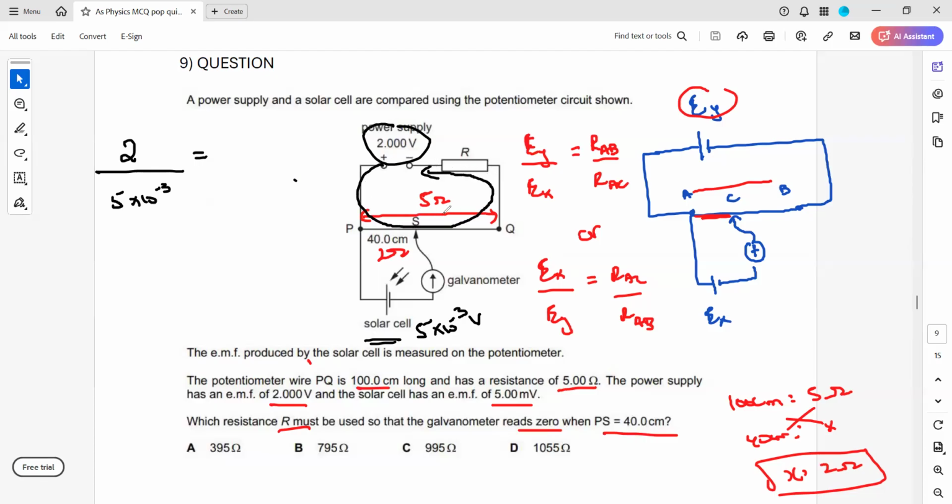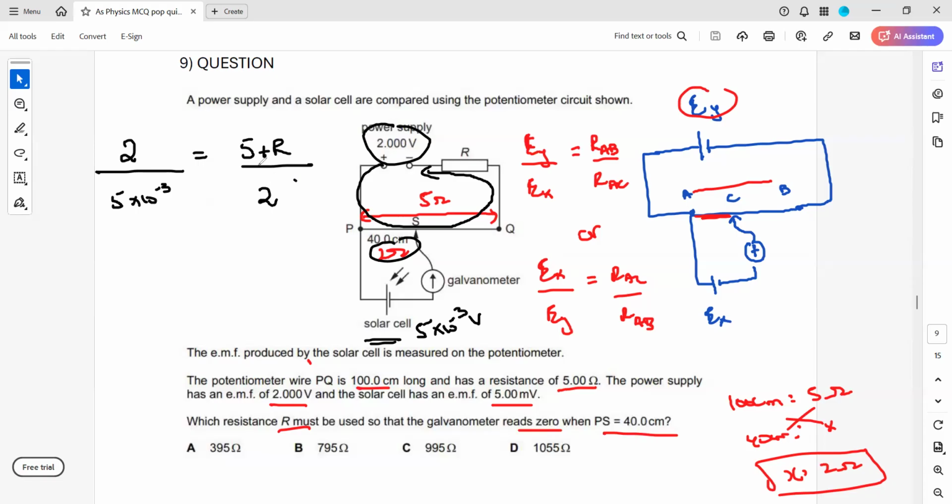This is 5 ohm and this is R. Because they are connected in series, it is 5 plus R. As the two components are connected in series, the resistance will be the sum, divided by the resistance of this section. The resistance of the 40 centimeter wire is 2.